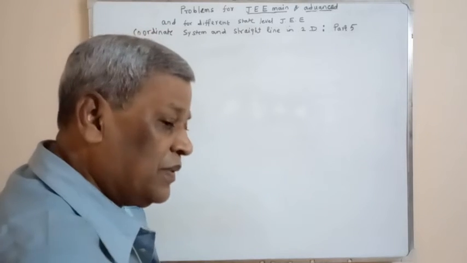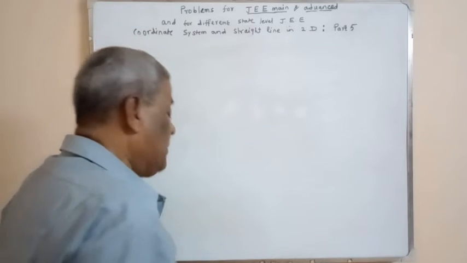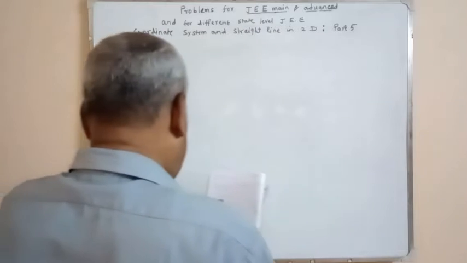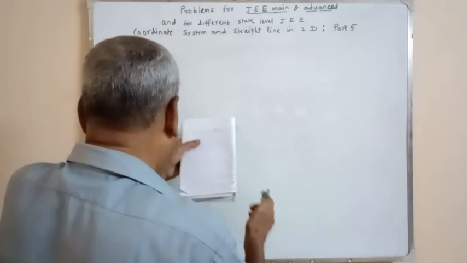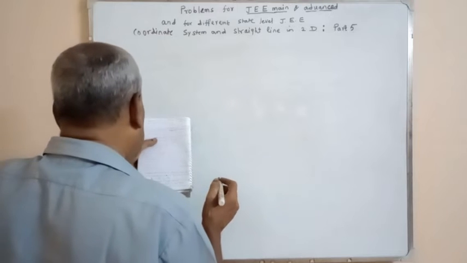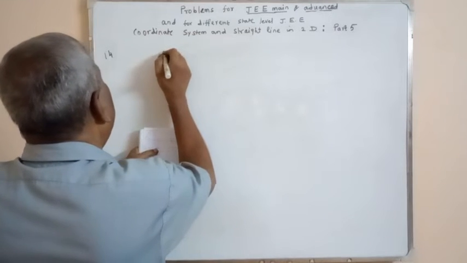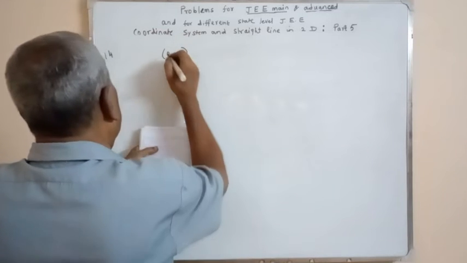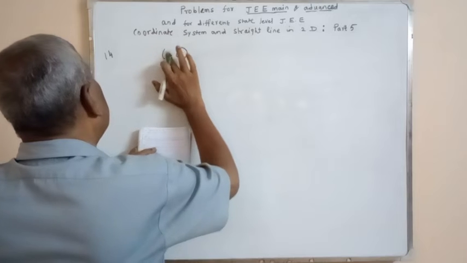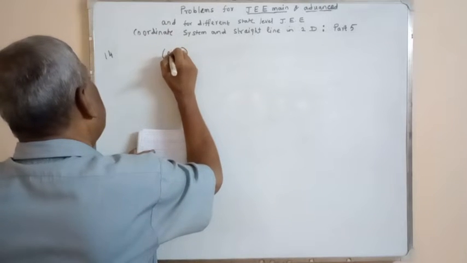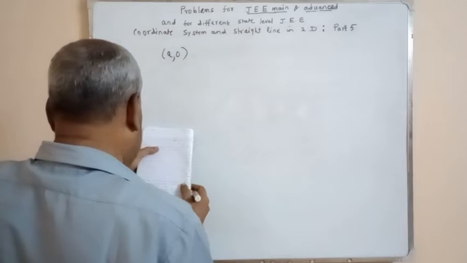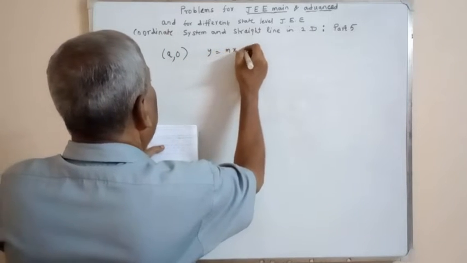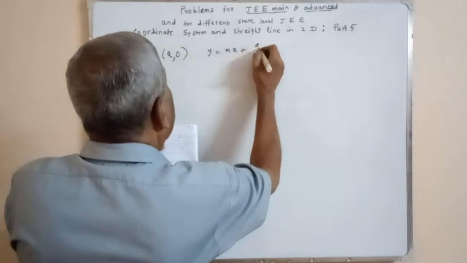Today our first problem is problem number 14, and it is: the coordinate of the foot of perpendicular from A comma 0 to y is equal to mx plus a by m.